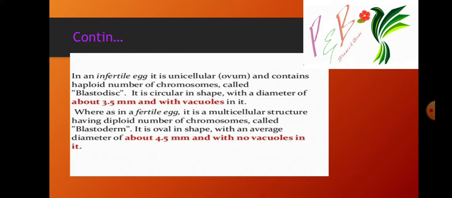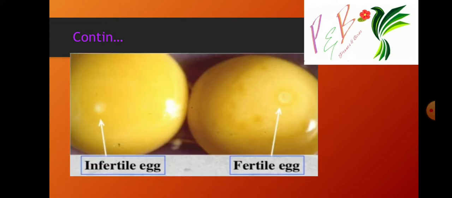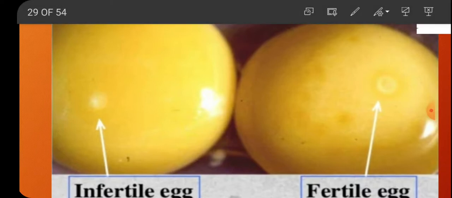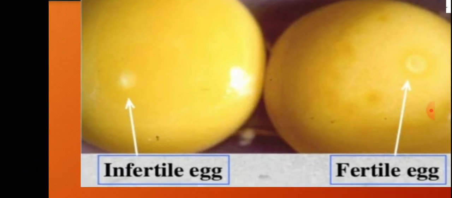It is unicellular and contains a haploid number of chromosomes, that is a single set of chromosomes, called the blastodisc, and it is circular in shape. The diameter is 3.5 mm, with vacuoles in it. In this infertile egg, white colored vacuoles can be seen.